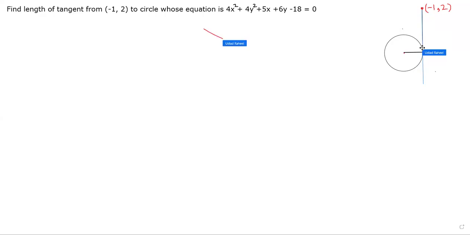What I'm going to do first over here is start with the equation of the circle which is given to me. So what is the equation of the circle given to me?